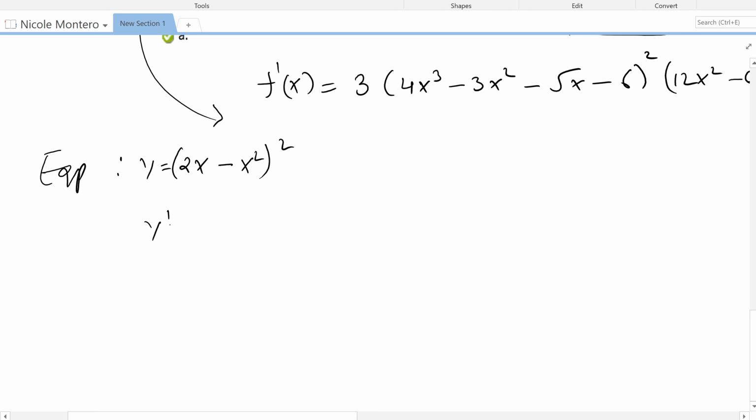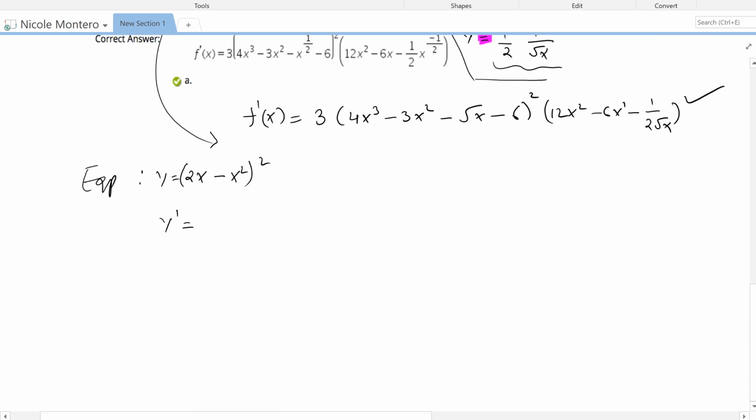I guess that would be two. Yeah, you see, now we have a power of the whole bracket. When you have a power of the whole thing, we do the power rule. We bring down the power and then reduce it by 1, then do the derivative of inside.